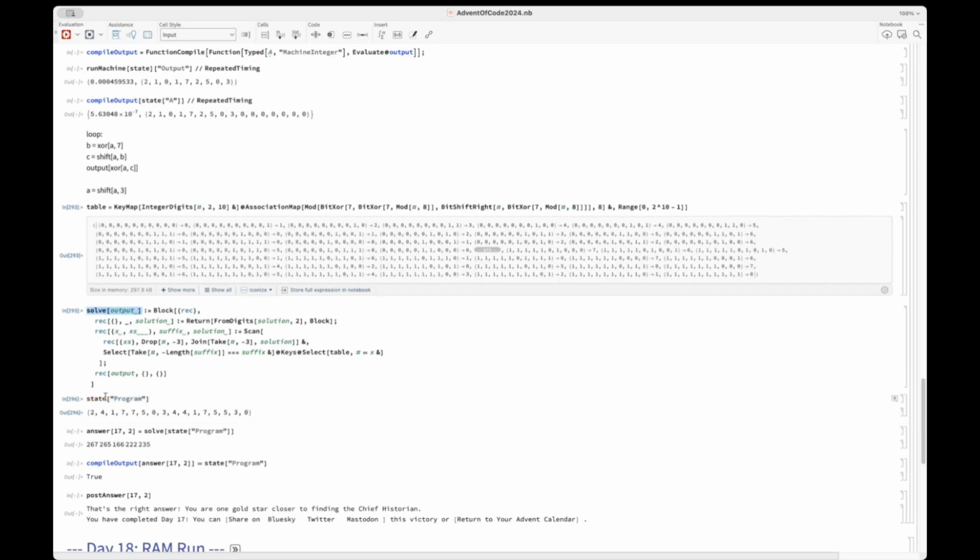So essentially we look at the table and select all the possible ways to produce this output, right? And then we strip away this suffix, because it's always going to be 3 bits long, right? As soon as it's not the solution for the output that we're seeking, we just drop it, right?